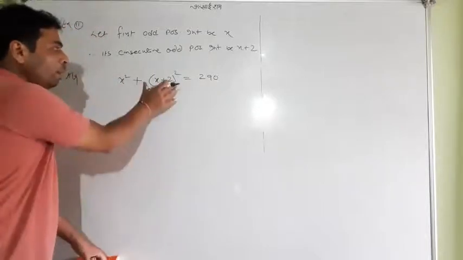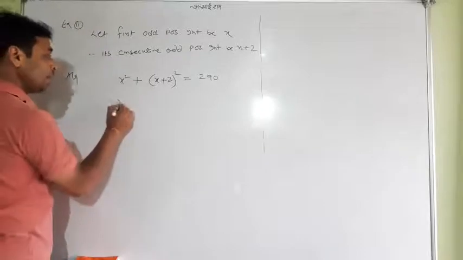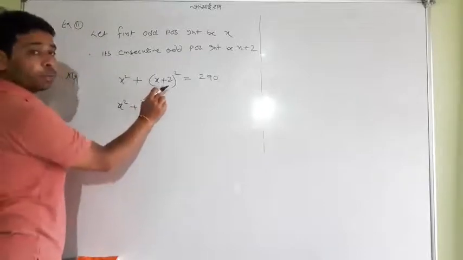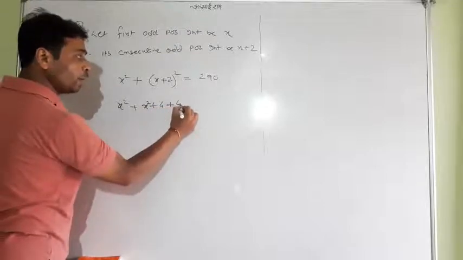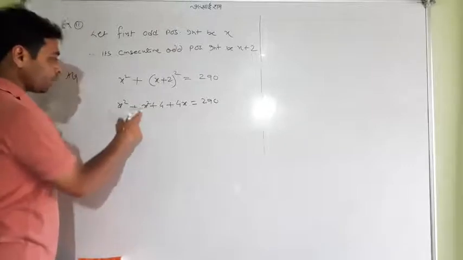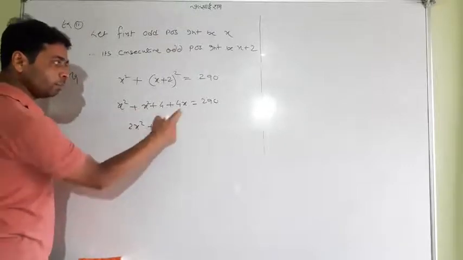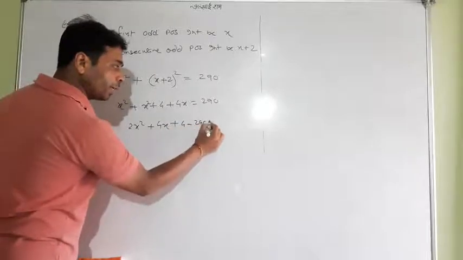Now first convert this whole equation to general form. Expand it: a plus b whole square is a square plus b square plus 2ab. Simplifying, x square and x square make 2x square, plus 4x, and plus 4 equals 290.